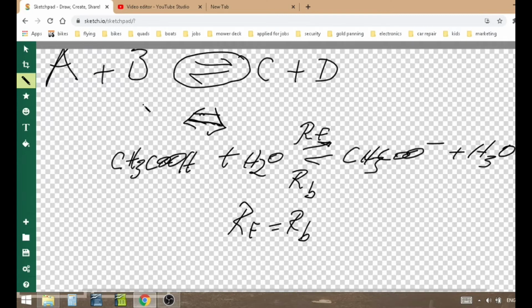Then again, later on, it might react with water and reform an acetate ion. Similarly with the water molecules, some are forming hydronium ions as they pick up protons, and some hydronium ions are reacting with acetate ion and reproducing the acetic acid molecule. The definition of equilibrium is that the rate forward equals the rate backwards.